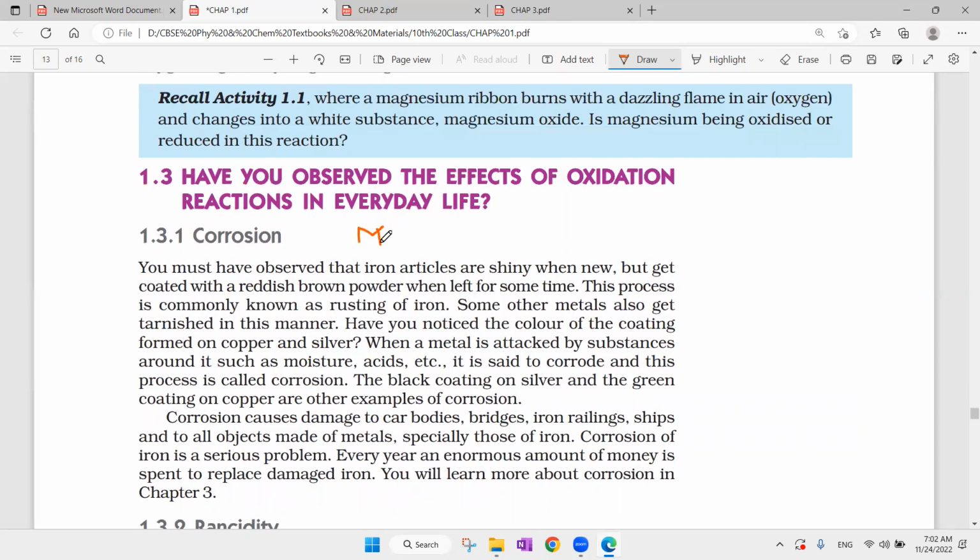If a metal is reacting with oxygen, carbon dioxide gas, or some gas with moisture, moisture meaning the amount of water present in the atmosphere, it forms a layer on the metal. Formation of a layer on metal is known as corrosion.